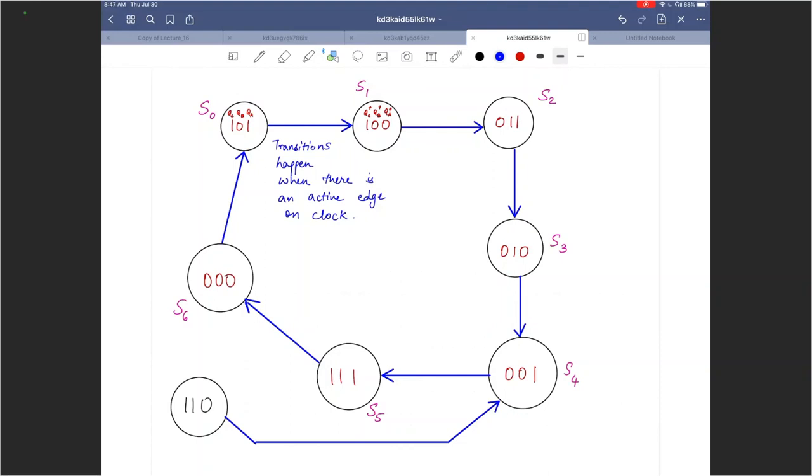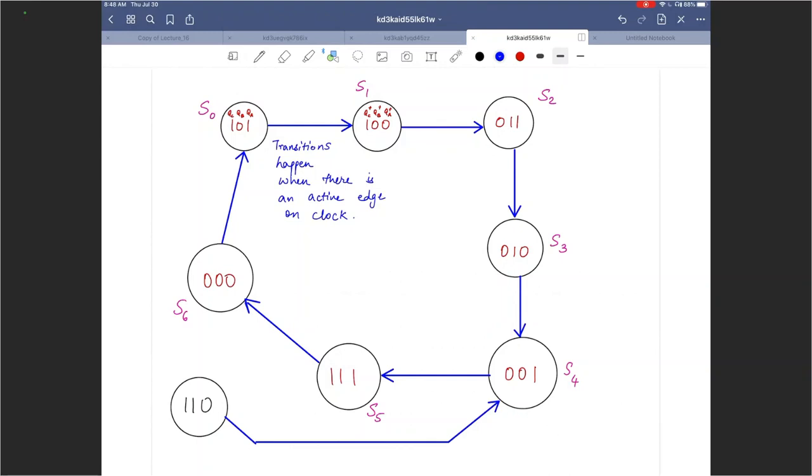Sometimes, if there is more than one skipped state, suppose the skipped states were 6 and 0, it is very possible that if it randomly powers up at 6, it will go back to 0 and then back to 6, back to 0, back to 6, and it will never come into the cycle of counting. That is also possible. So there are many possibilities depending on the way you implement those functions.